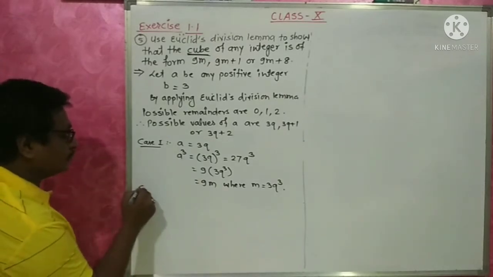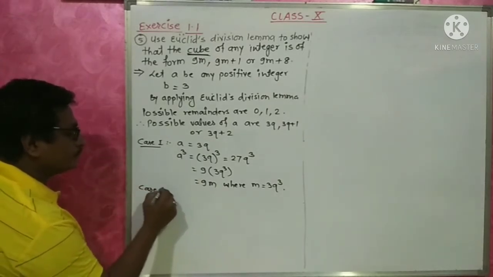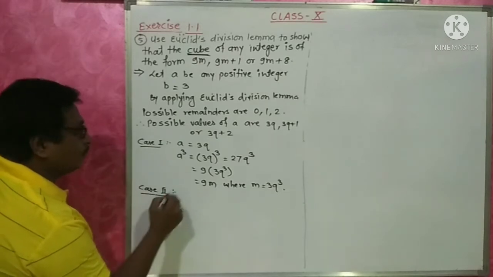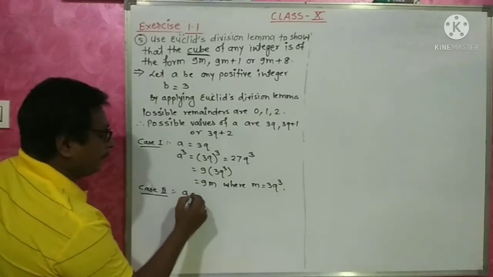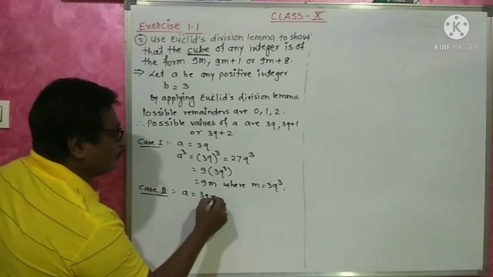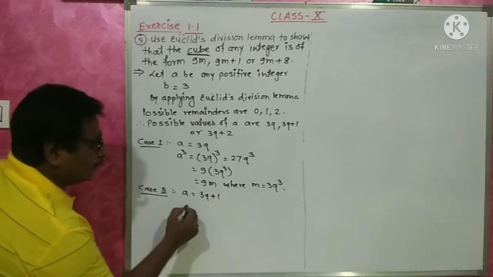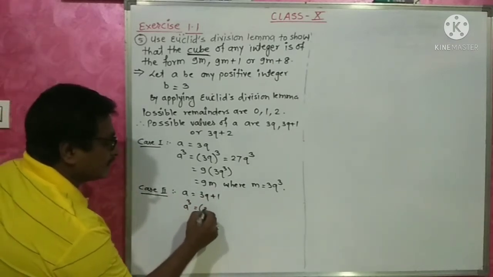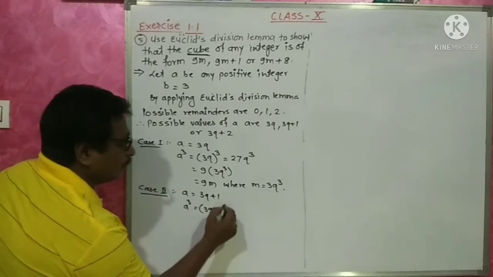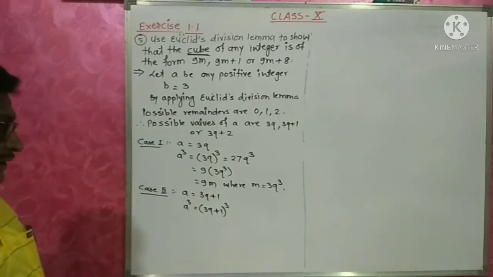Now case 2. What is the value of a? 3q plus 1. Now the cube of this, (3q plus 1) whole cube. So the cube identity.